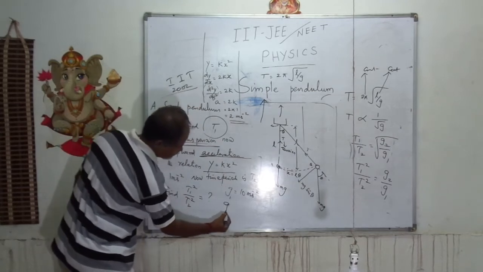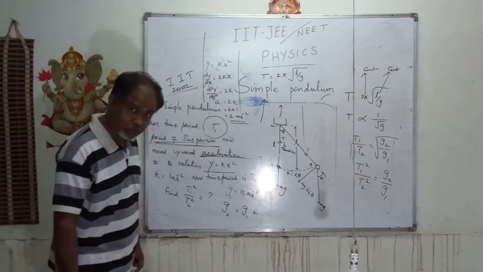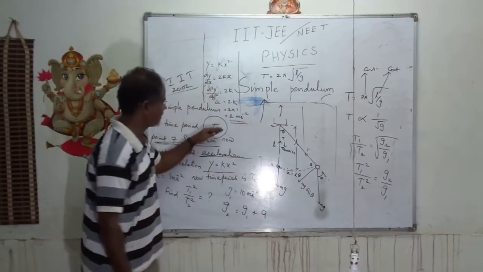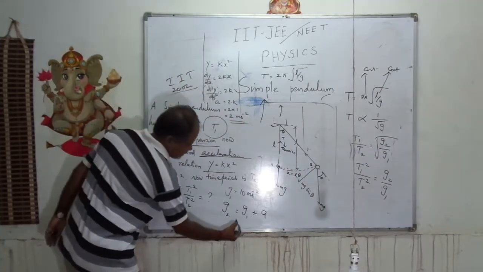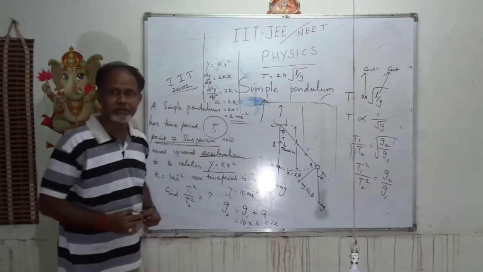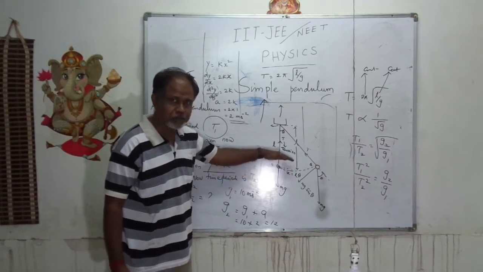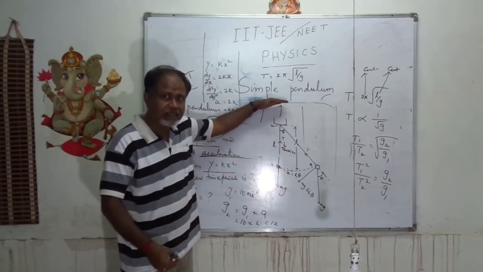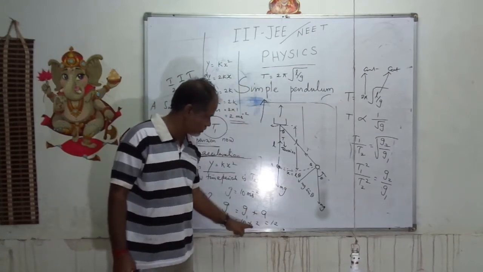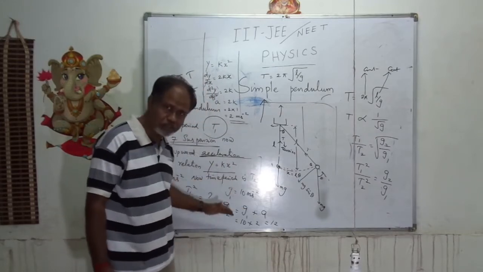Then g2 is g1 plus this acceleration, that is 10 plus 2, which is 12. If it is moving with a particular acceleration, the effective gravity will definitely change. You know g1 and you know g2.